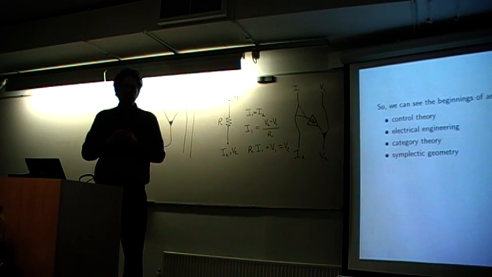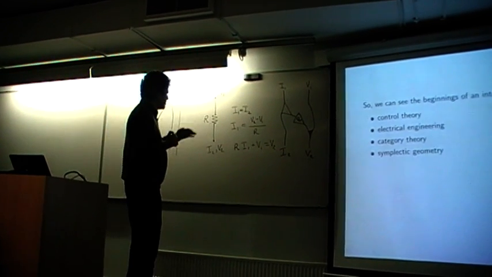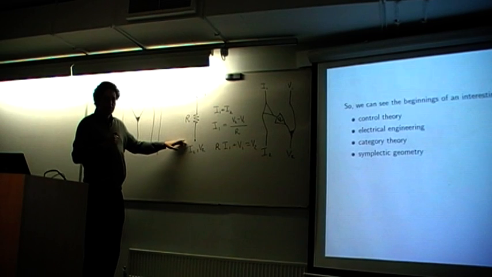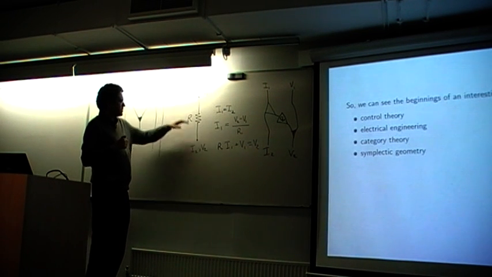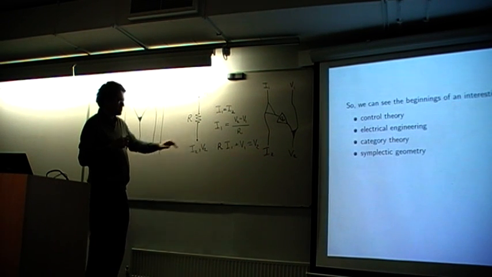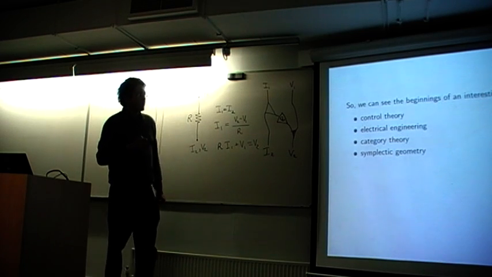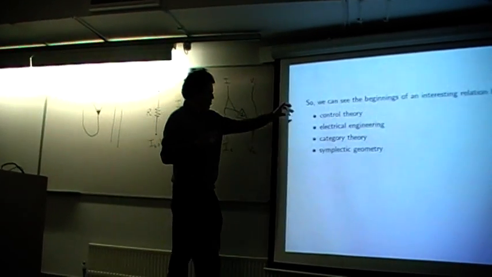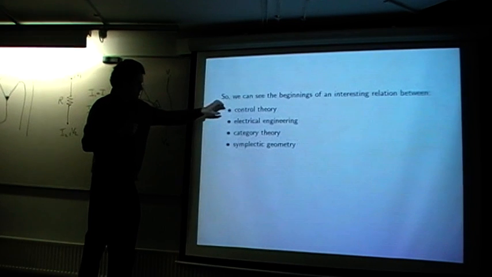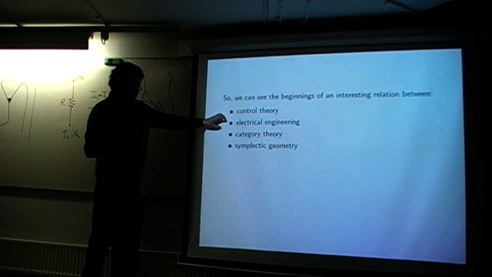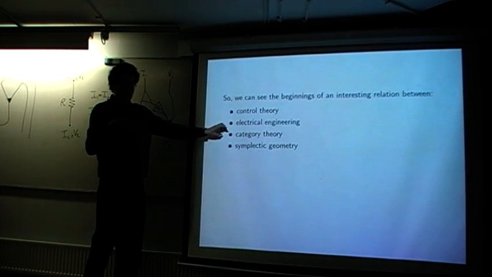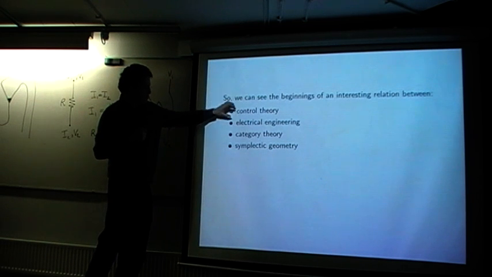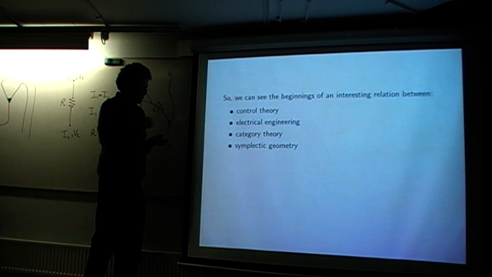But here we're seeing it showing up in a different way. This before and after here is not really a matter of time, it's a matter of input and output of an electrical circuit. So there's a nice relationship going on here between control theory with its signal flow diagrams, electrical engineering with its circuit diagrams, category theory that lets you see that those kinds of diagrams are morphisms in a category and there's a functor from one to the other.